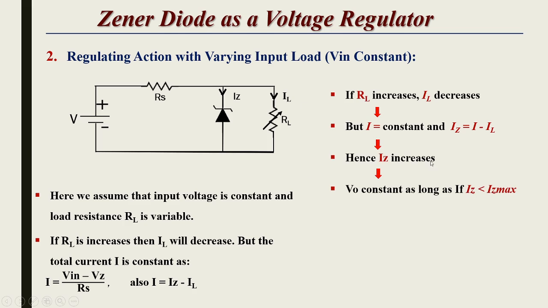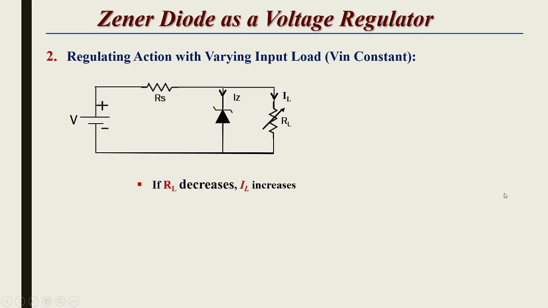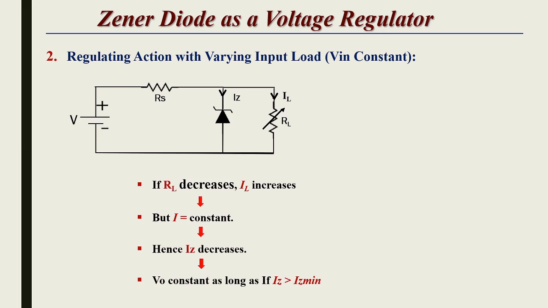But as Iz increases, VO still remains constant as long as Iz is less than Iz max. And if we decrease the load, then the load current IL will increase, but I remains constant and hence Iz decreases. But the output voltage remains constant as long as Iz is greater than Iz min.